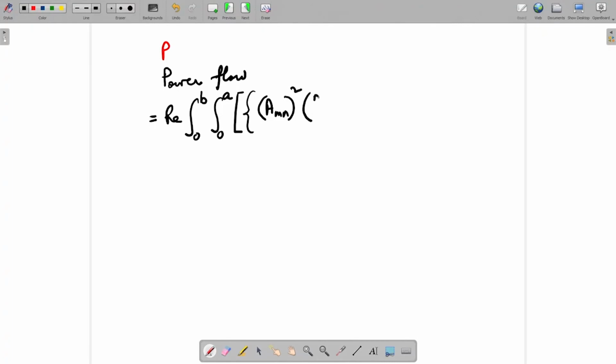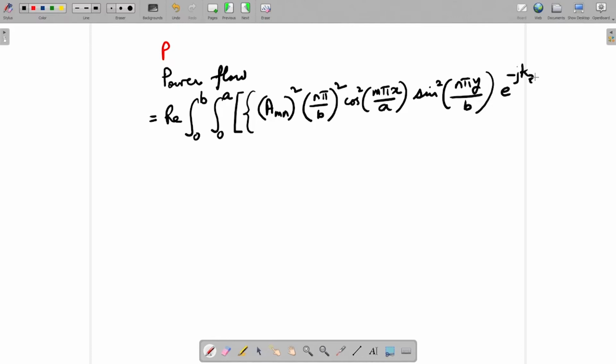m n square, n pi by b square, cos square m pi x by a, sin square n pi y by b, e to the power minus j k z z, k z by omega mu, times e to the power plus j k z z.